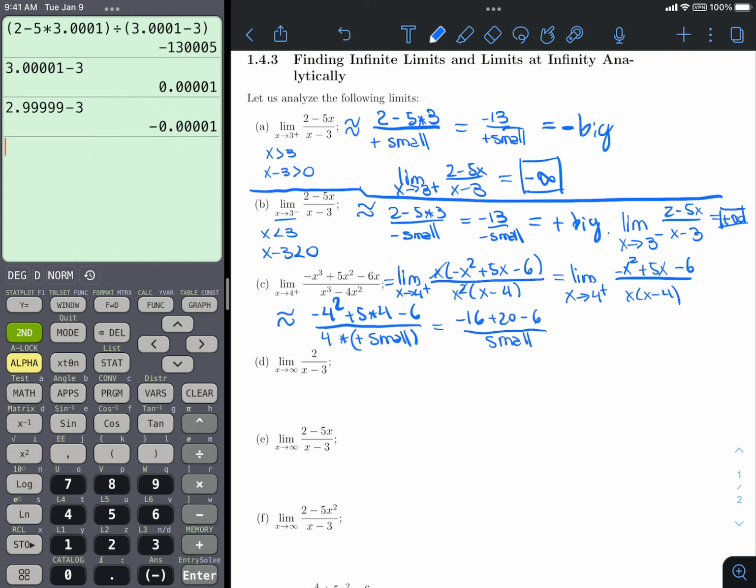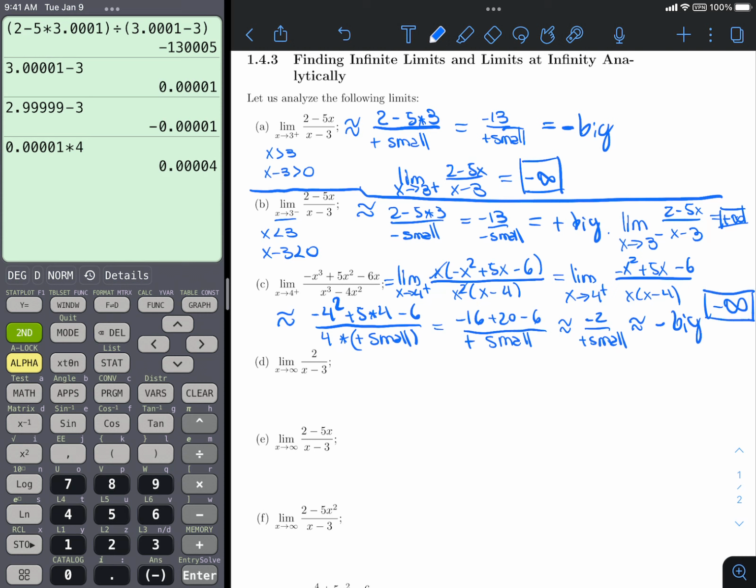I just think about it that way. If I multiply that by 4, that's still pretty small, right? The answer then will be positive still, because 4 times a positive is positive. And then I have minus 22 plus 20, that's minus 2 over plus something small. So the answer is going to be negative something really big. So the answer for us is going to be minus infinity.